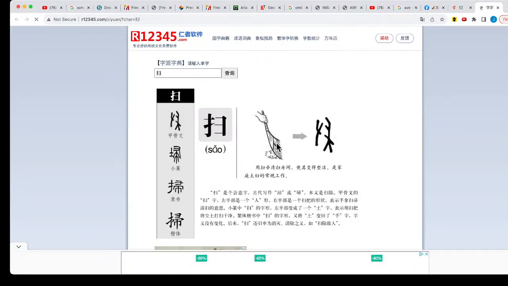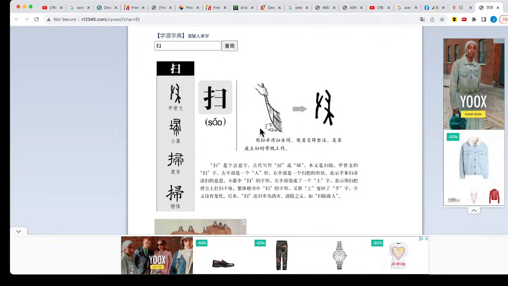Okay, and the traditional character looks like this. See, the very old one. Here's the hand, and here's the tool, which is basically the broom. Later on, they added dirt. So you're using the hand holding the broom to sweep things away from the dirt ground.